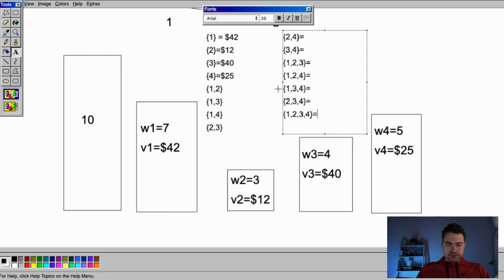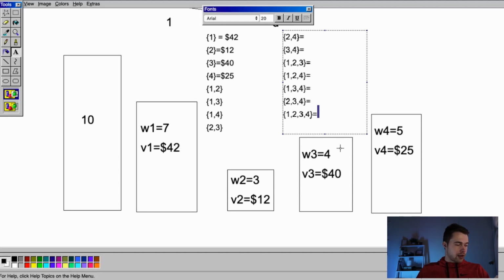Now if I sum up the values, what I will find is that this option is obviously the most expensive one, because I'm accumulating all of them: 42 plus 12 plus 40 plus 25.